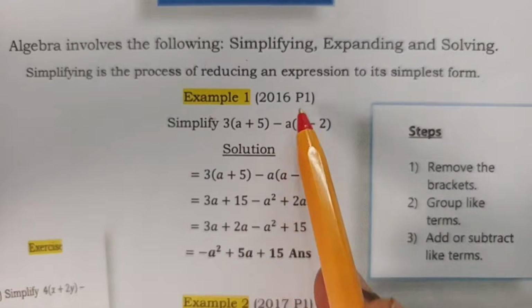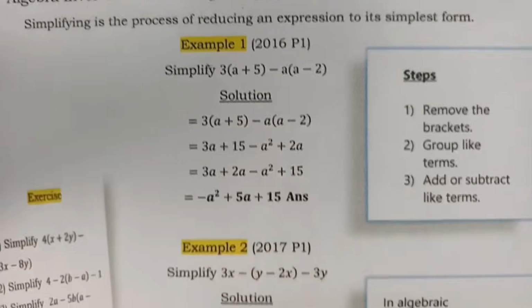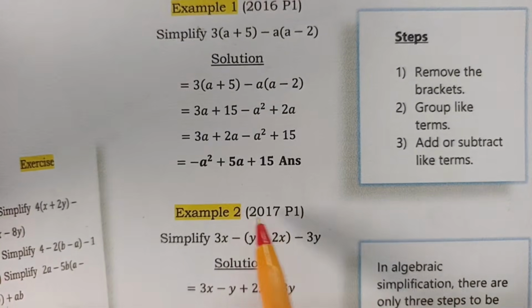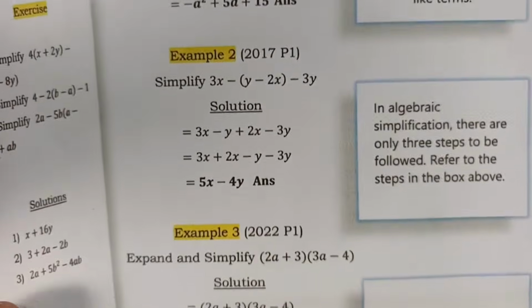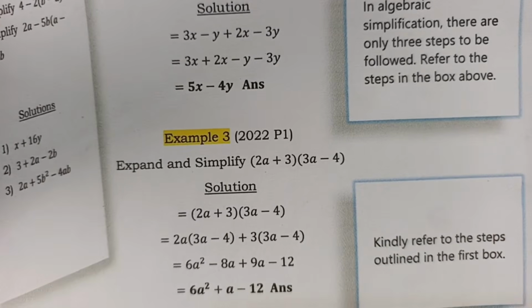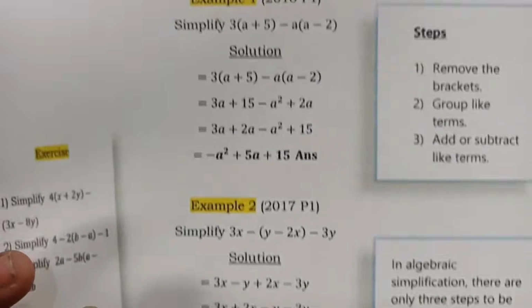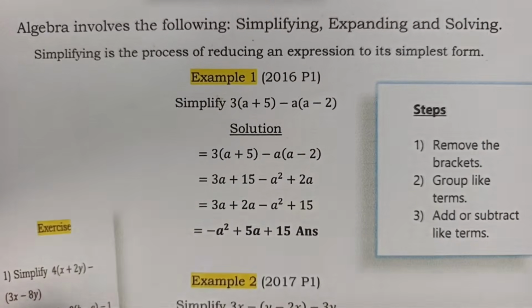So in 2016, this was the question. In 2017, this was the question. In 2022, so we've just picked random questions. This was the question, okay? So now let's check the question in 2016.